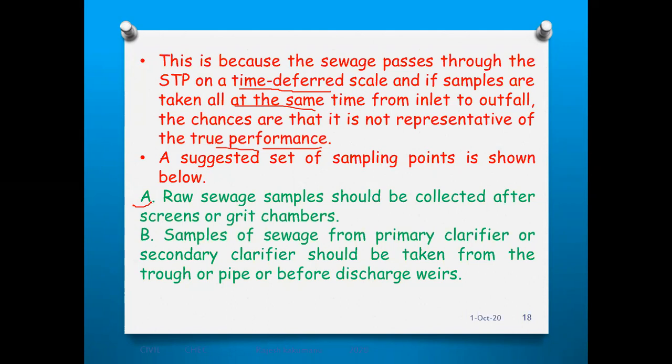Second one, samples of sewage from primary clarifier or secondary clarifier should be taken from the trough or pipe before discharge. So whenever the water is going from the primary or secondary treatment for discharging, we have to take the samples at the primary clarifier or secondary clarifier. That is the second point.